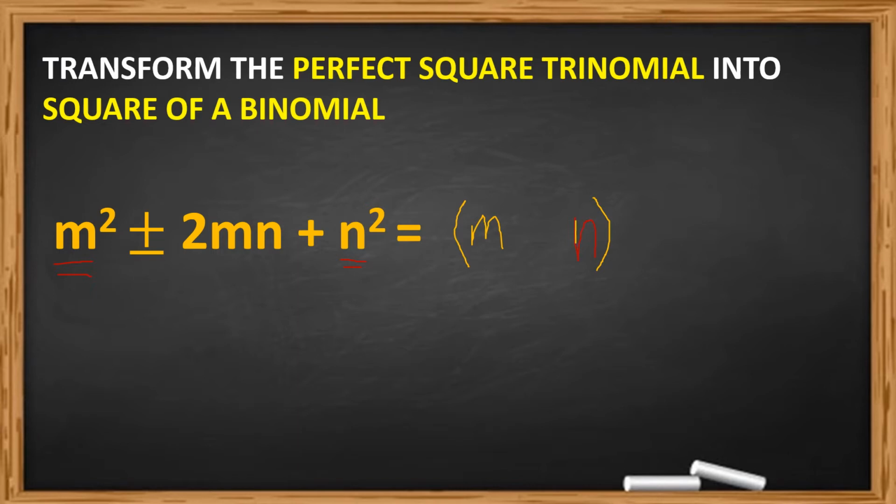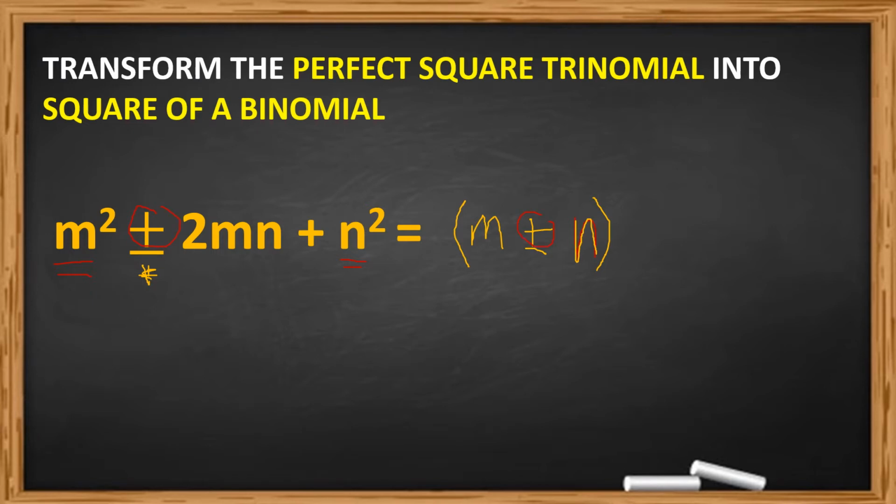And our operation between the two terms of the binomial could either be plus or minus, depending upon the operation of the second term of our trinomial. So if our second term here is plus, then the operation is plus.